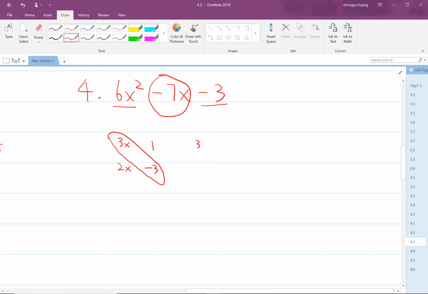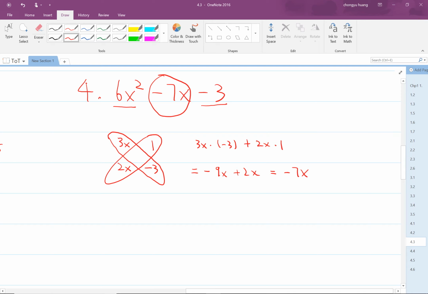We have 3x multiplied by negative 3, plus 2x multiplied by 1, which equals negative 9x plus 2x, which is equal to negative 7x, right?